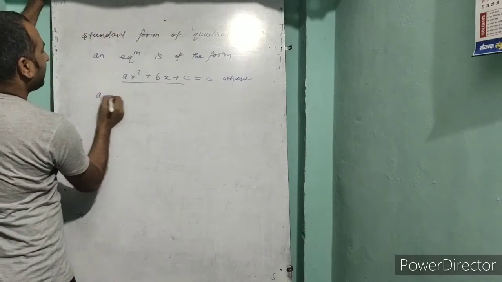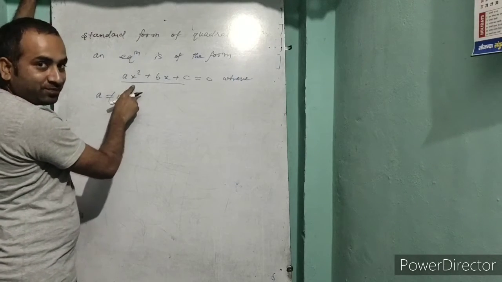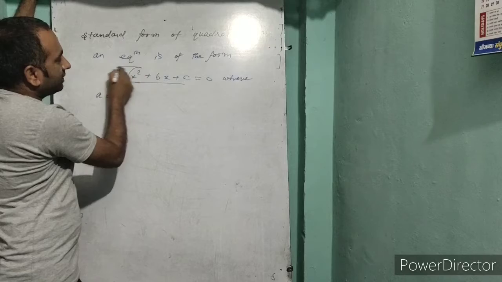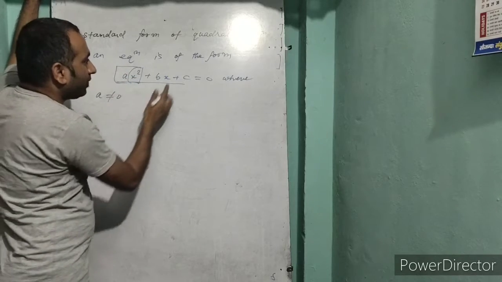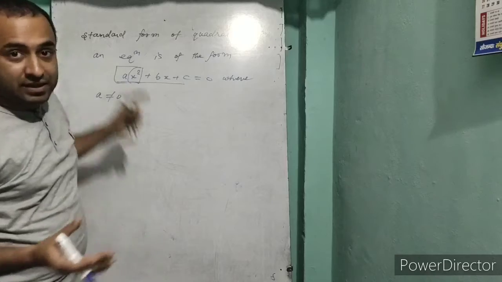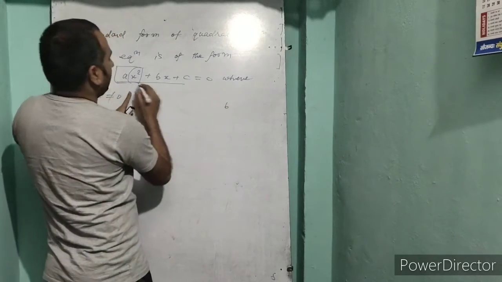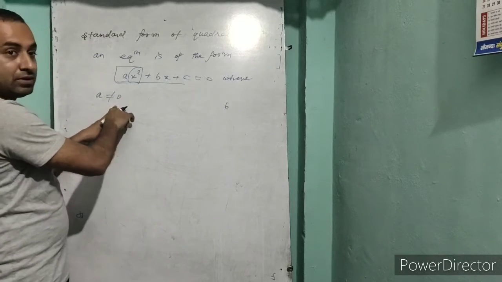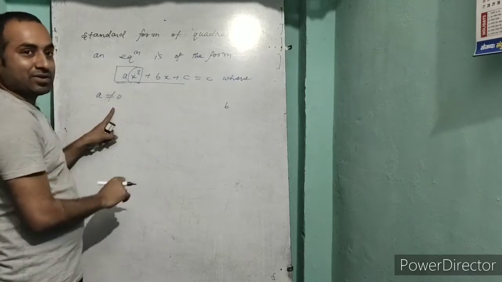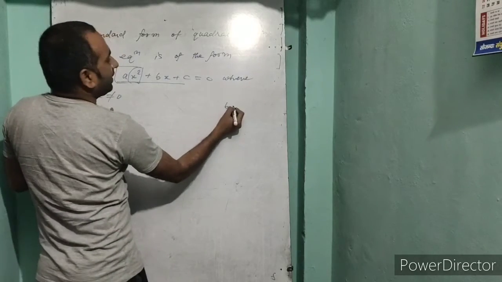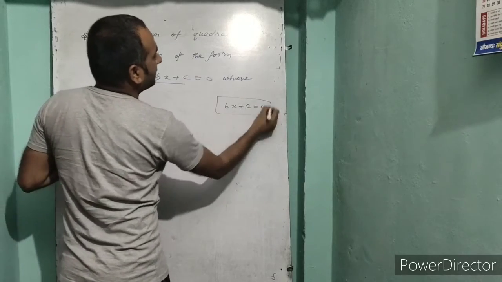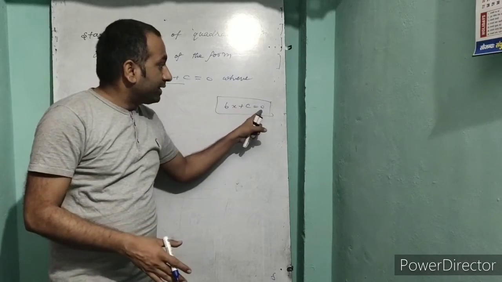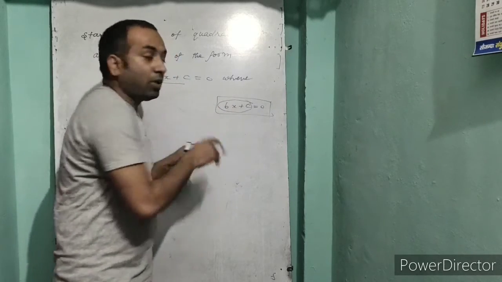where a will never be equal to 0. Because if a is 0, is it clear? If a is 0, that means this whole term, ax square, is 0. So we will get only bx plus c, and bx plus c is called a linear equation, or you can say a linear polynomial.